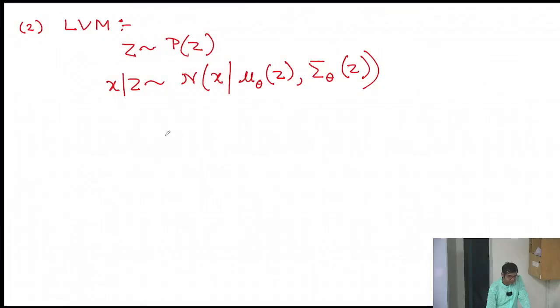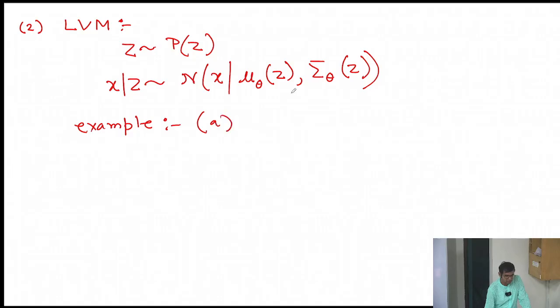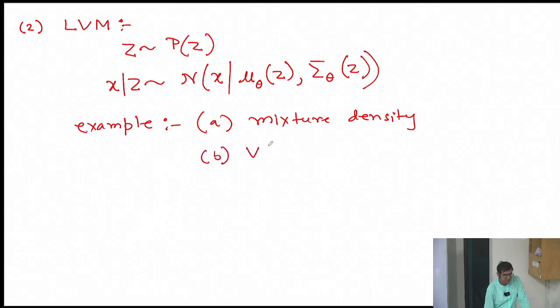So there are more as well, but at least these two we have talked about while discussing latent variable models, right? Examples: mixture density, and then VAE obviously is the most popular one.